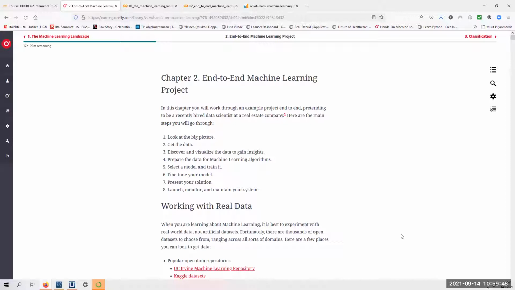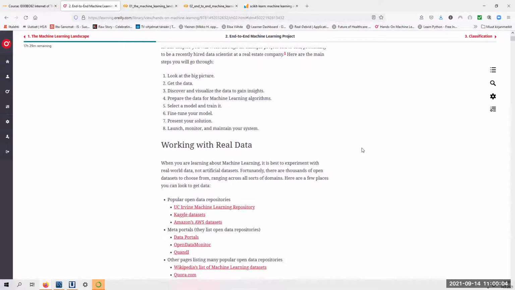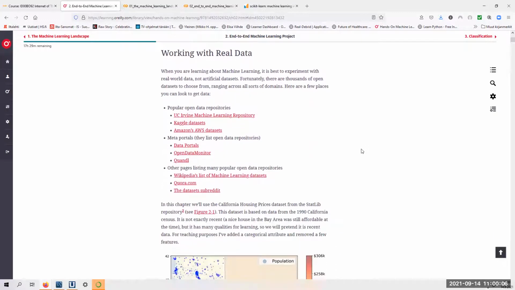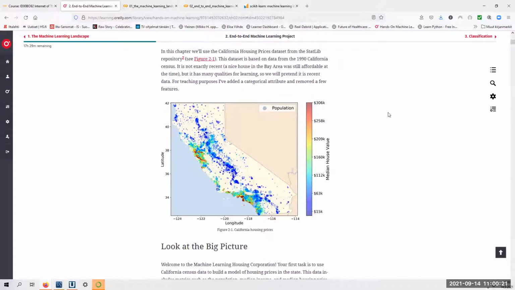Well, we still have some time, so maybe we start chapter 2, which is an example project. It's the California housing prices dataset from 1990. It's 30 years old, but it does serve its purpose.